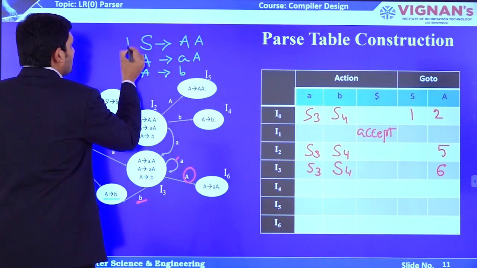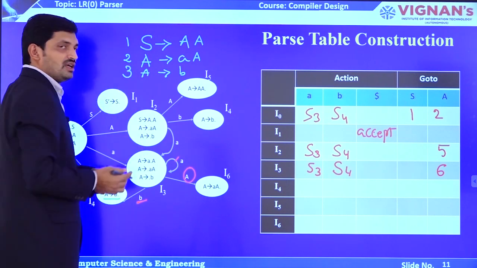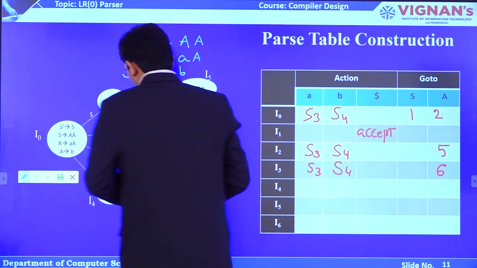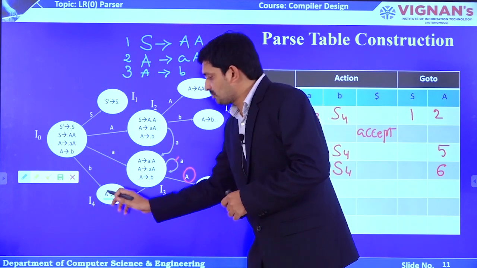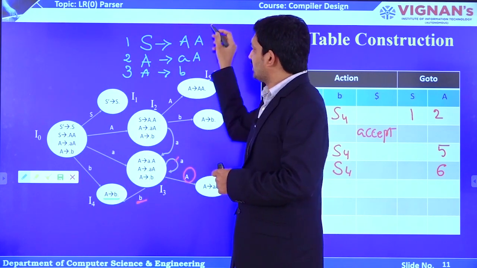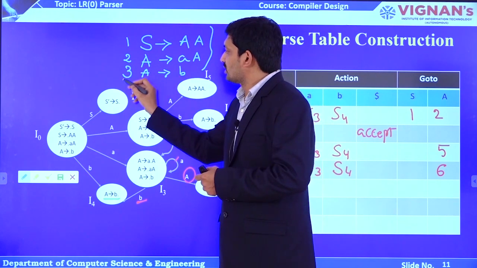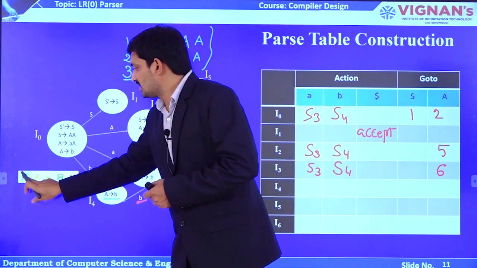We can give production number 1, production number 2 and production number 3. You can observe in this I4 state, A tends to b is there. So now go for the given grammar and find where A tends to b is there.